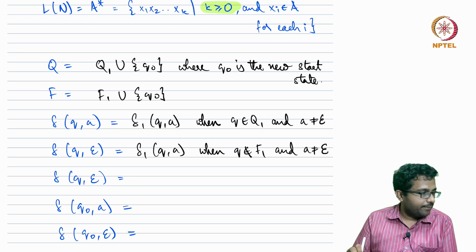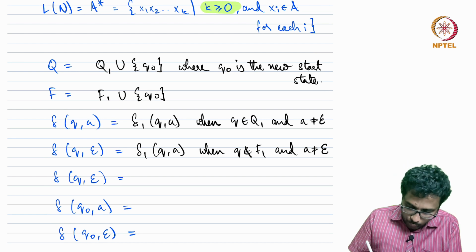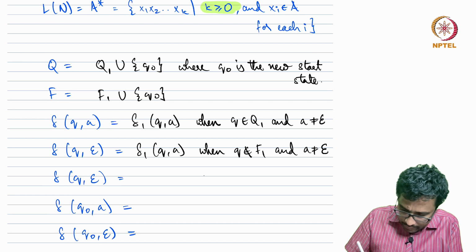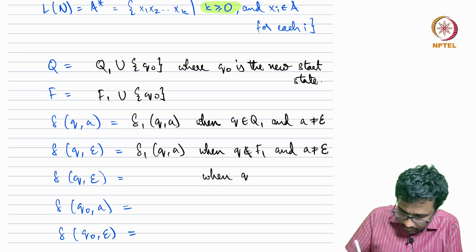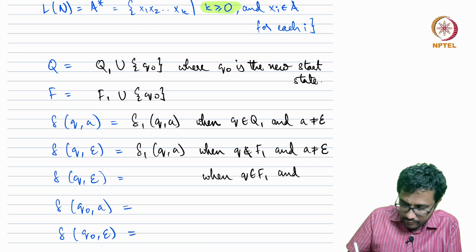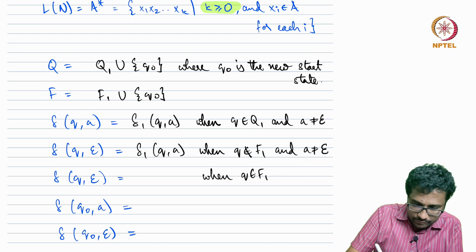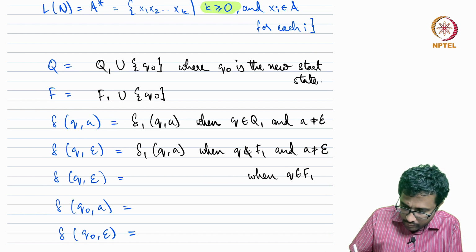This is also the same. But when Q is in F1, when Q is an accepting state, what is it?